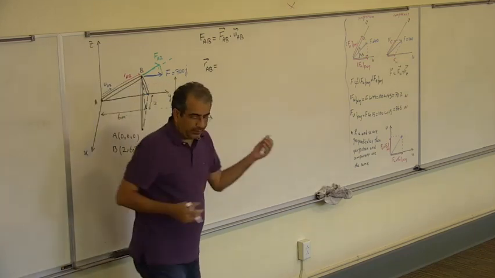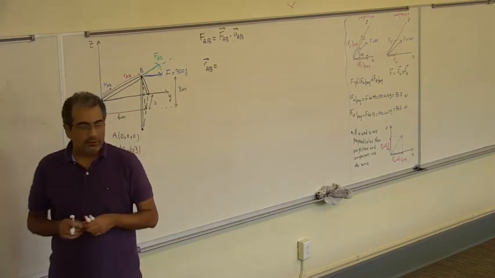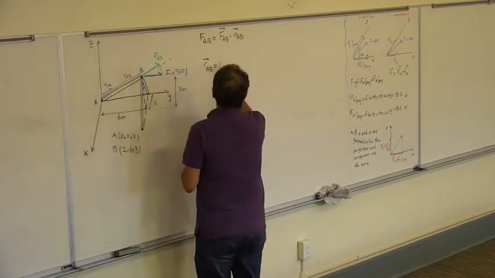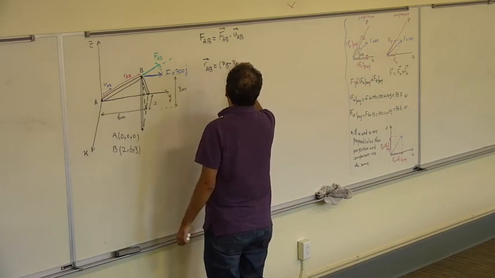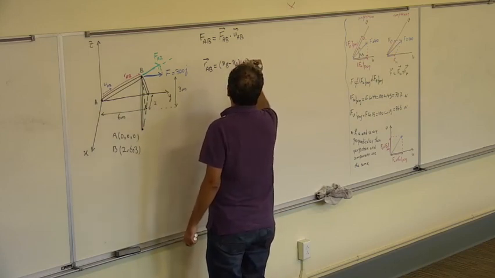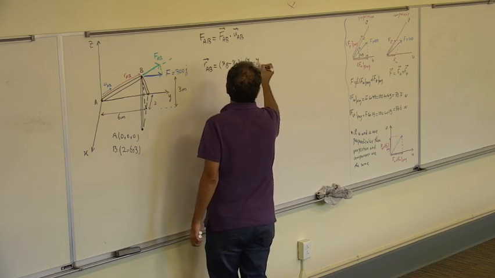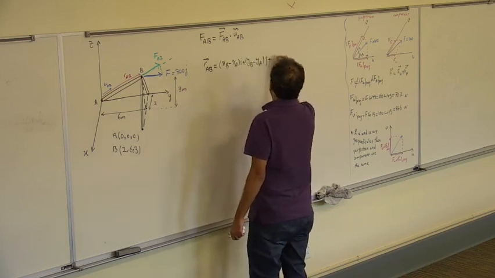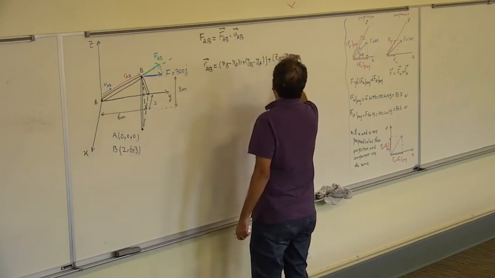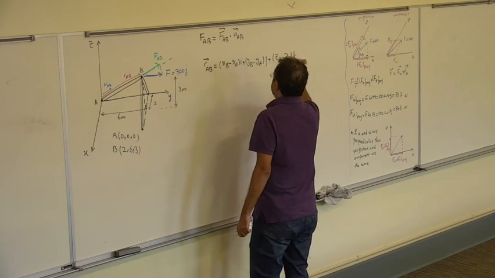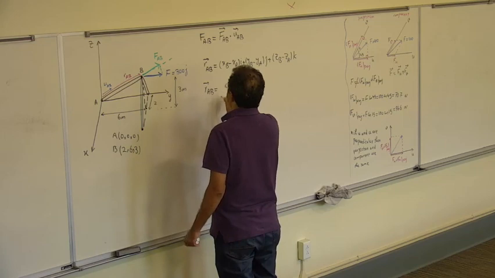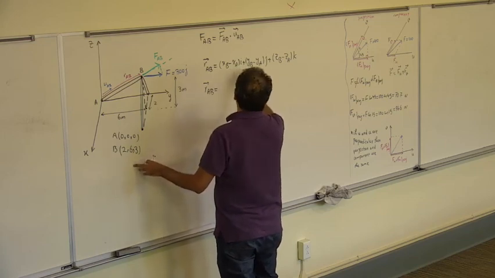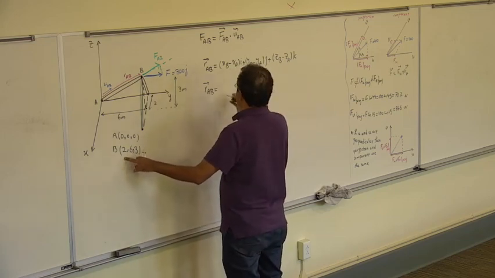So the RAB that I want to calculate is going to be XB minus XA, I, plus YB minus YA, J, plus ZB minus ZA, K. The second components are all 0, but I'm just going to write it.